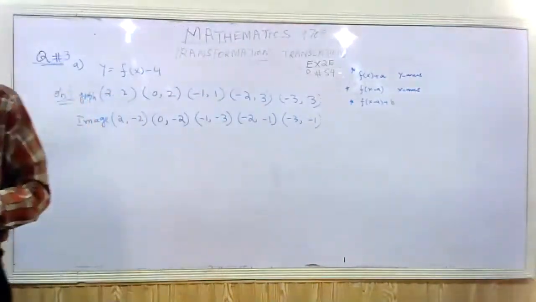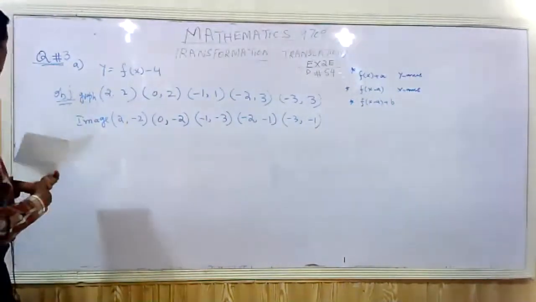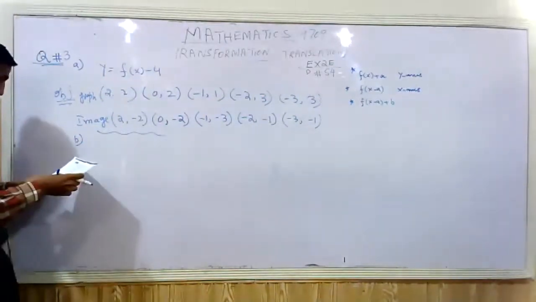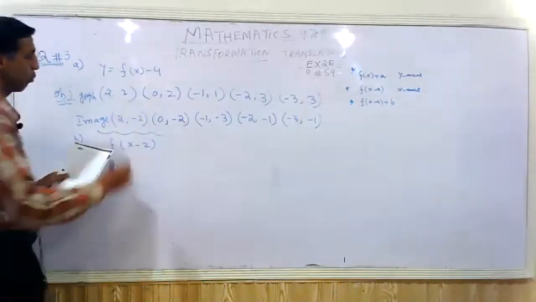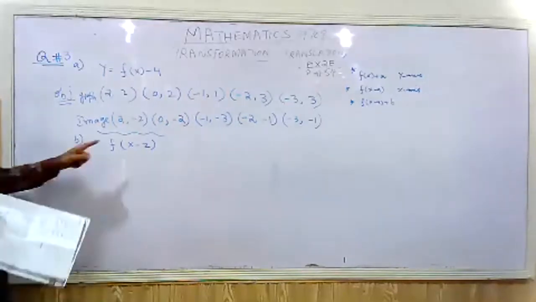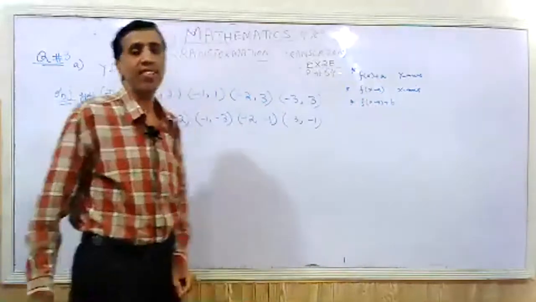Now the second part says, the second law in the B part, f(x minus 2). It is very clearly seen this law relates to the x-axis.